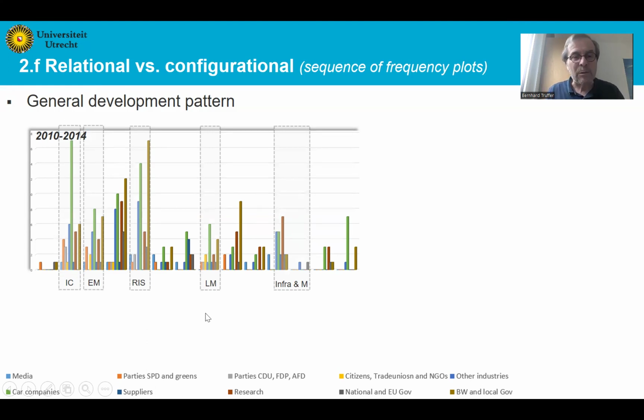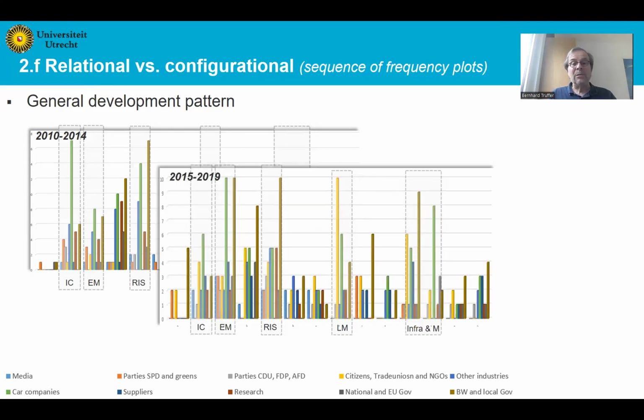If you look at the distributions within these, you will see that in the first period from 10 to 14, the green bars, which are the car companies, have a strong frequency of statements and actions that are supportive of the internal combustion engine, much more so than for the electromobility part. And the regional innovation system codes are also addressed by all sorts of actors, in particular also government actors and the car industry. Labor markets are coming up, infrastructure and management are not very strong.